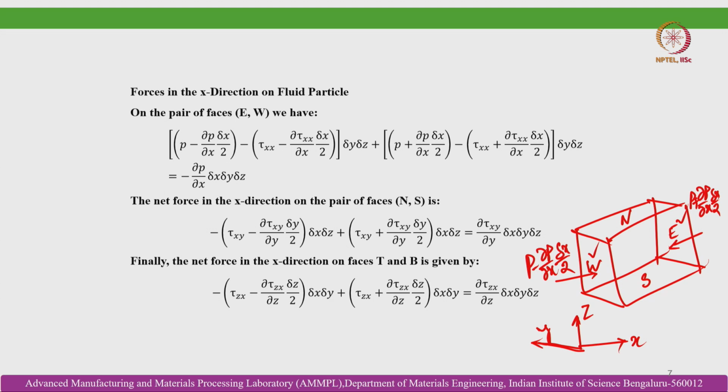If you rearrange the terms, it comes as minus del P del x into delta x delta y delta z, because the other terms get cancelled out. So, you can understand from here.